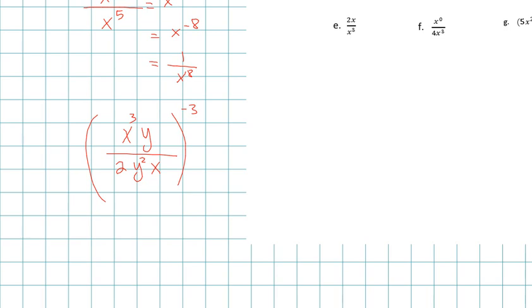What I can do, I can flip first in this case. That's fine to flip first. It's fine to do this first, and then simplify inside the bracket and then bring the 3 in. Okay? That's what we do.